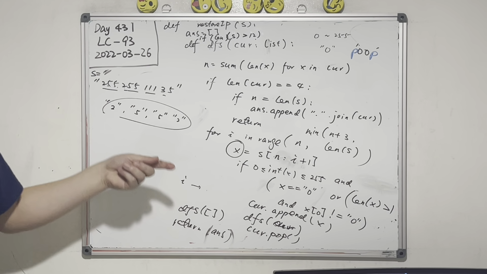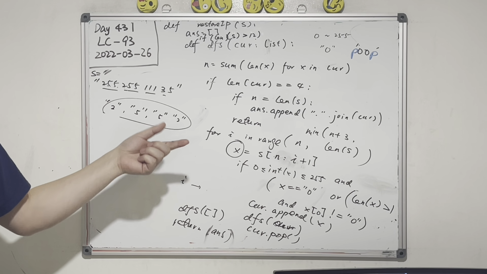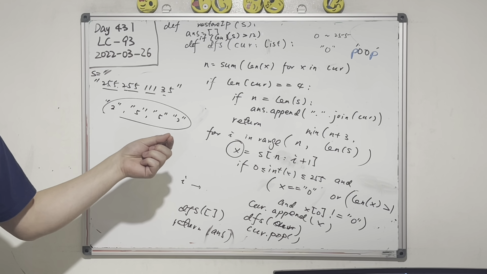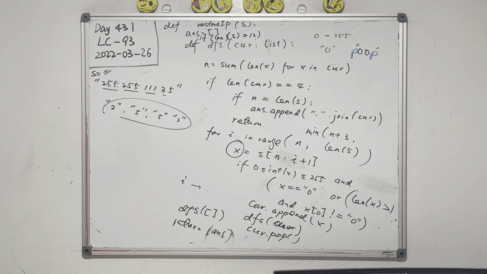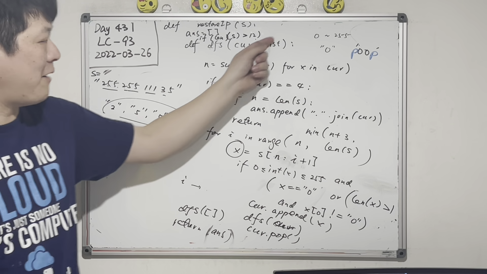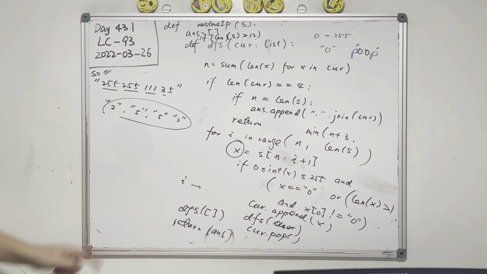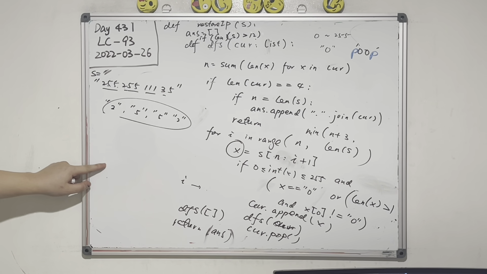If you divide it into 4 parts, then at least one of them is more than 3 digits, and that means it's not possible. So we can just directly return an empty list. Why is that? This is called the pigeonhole principle.